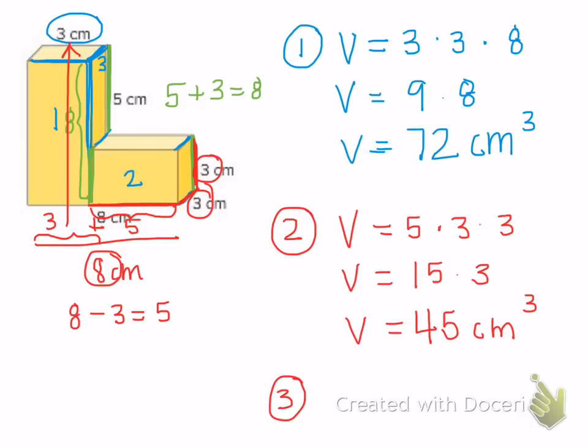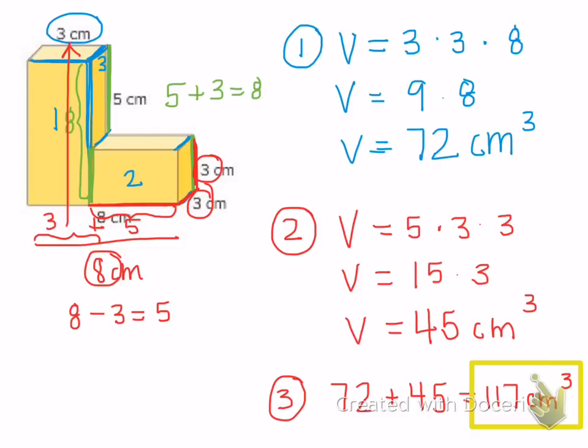Okay, so what you should have done is taken 72 centimeters cubed plus 45 centimeters cubed, and you find that 72 plus 45 is 117 centimeters cubed. This should have been your answer after you added those two pieces together. If any of this has been wrong, you need to make sure that you're going back and changing your answers so you have them right.